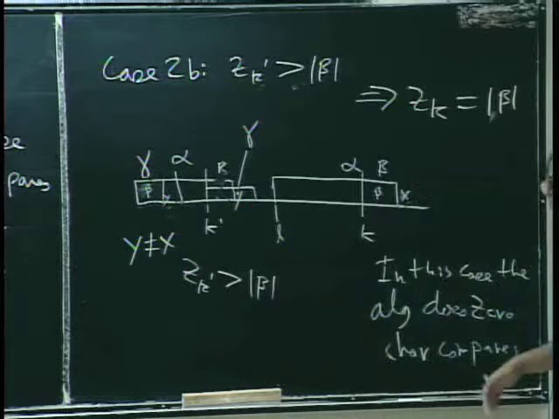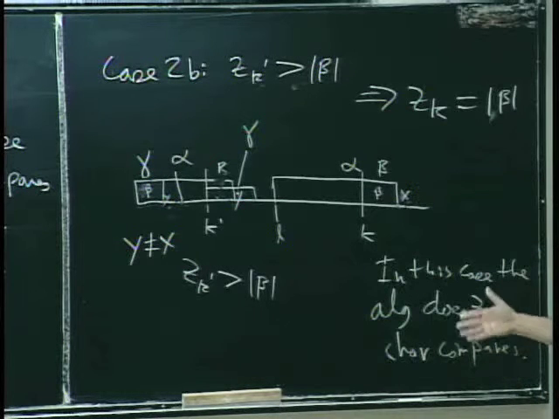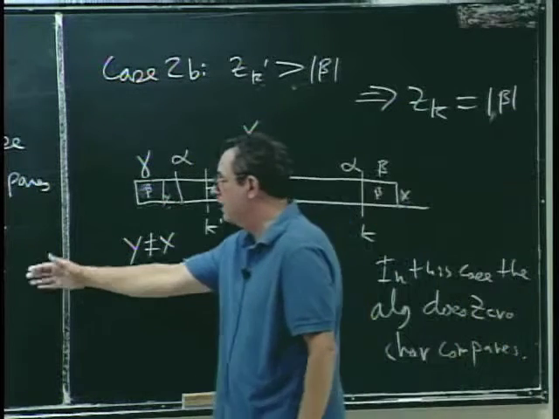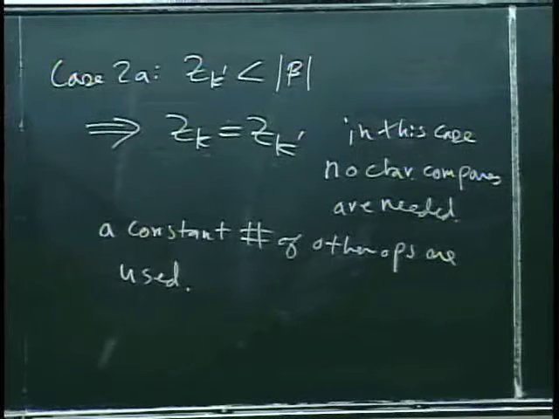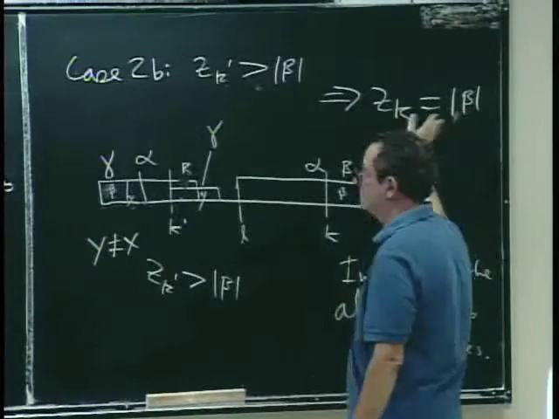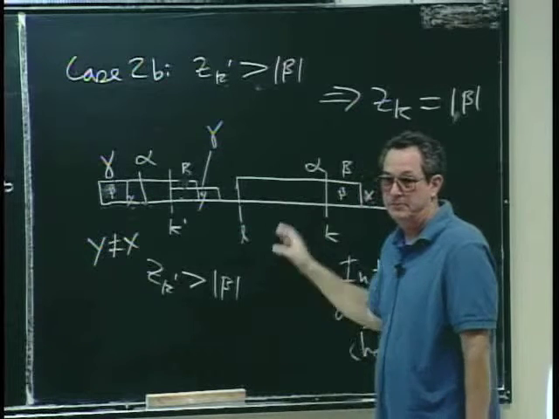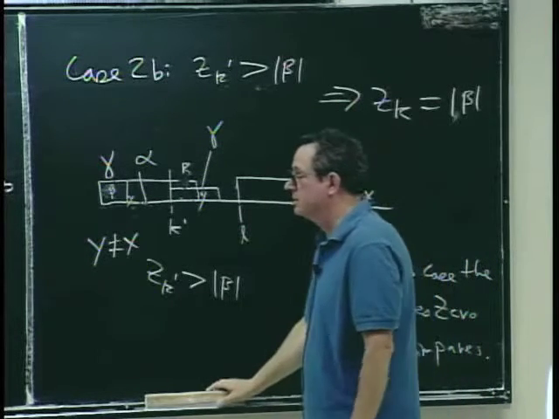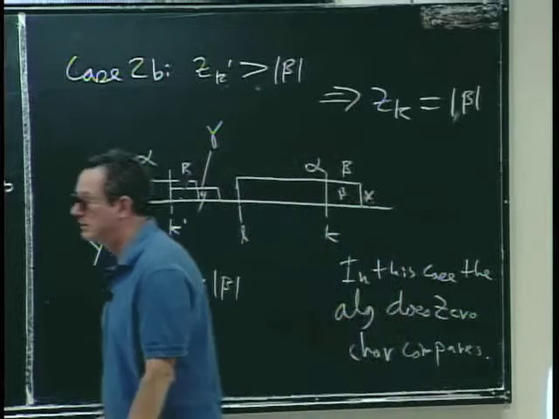That's also a very good case because character comparisons are primitive operations, and we don't have to do any in this case. Of course, it does a constant amount of other operations, the same as in case 2a. It has to figure out k prime, look up zk prime, decide it's in case 2b, and then it's finished. So in case 2b, the algorithm doesn't have to do any character comparisons either.